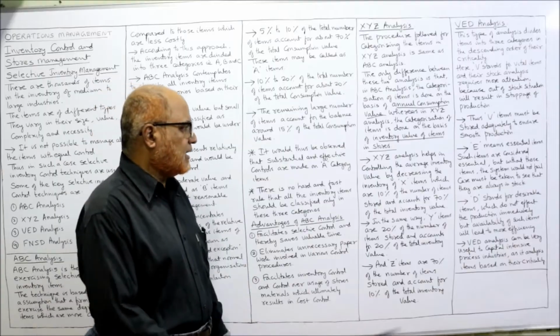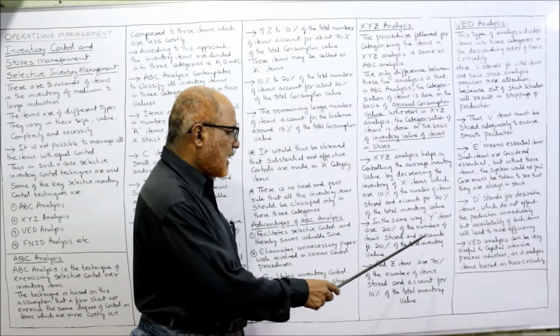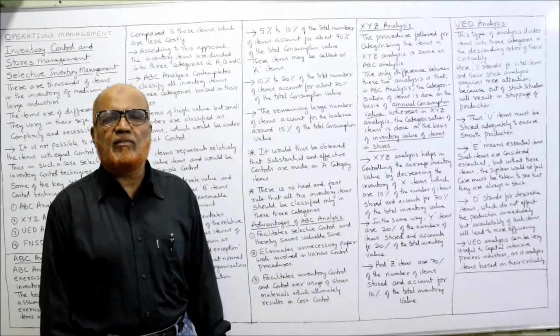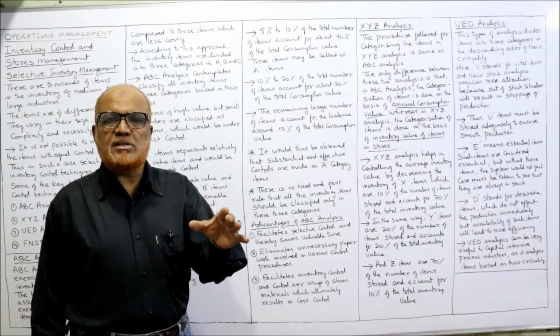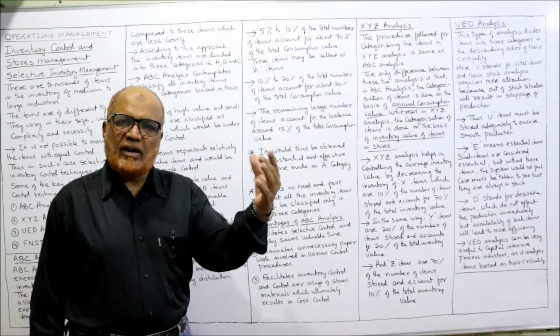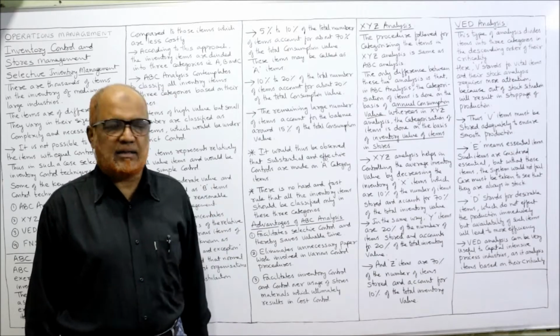These are X category. In the same way, Y items are around 20% of the number of items stored and account for 20% of the total inventory value. Similar to ABC analysis, the number is 20% and the inventory value is also 20%. It is categorized as Y item.